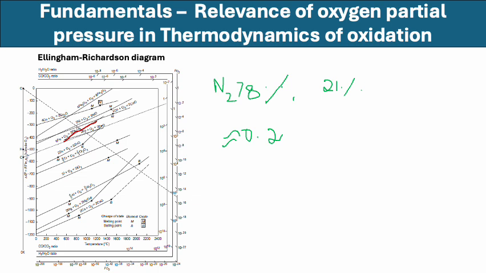Then let me talk about the temperature, 800°C. Actually, it should have been 800, but it's not intersecting. It is the temperature line. Probably I will use a different color for the temperature line here. So there is a temperature line.